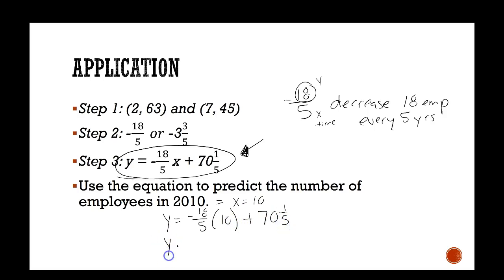Right, and that's going to give you y equals negative, I think 36. Yep. And then add 70 and a fifth. And that's going to give you 34 and a fifth.